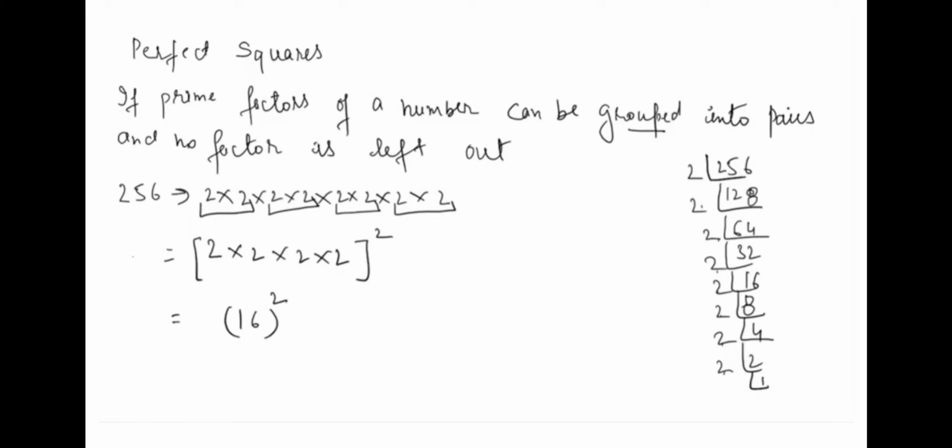First of all, we find the prime factors of whatever the given number. Everyone knows how to find the prime factors. So if prime factors of a number can be grouped into pairs and no factor is left out, then we will say that that number is a perfect square number.